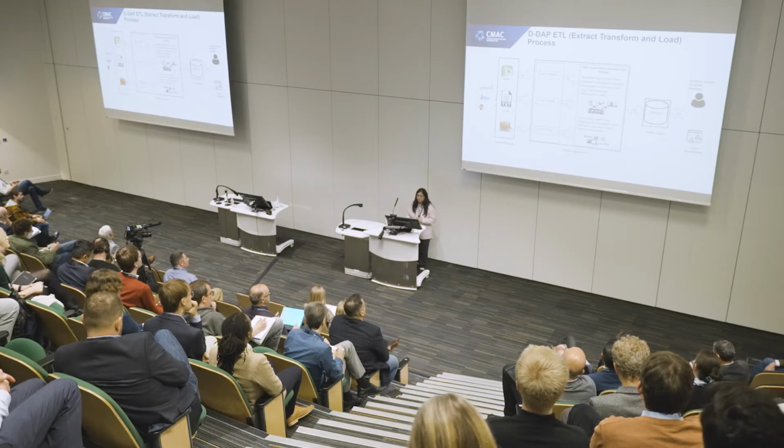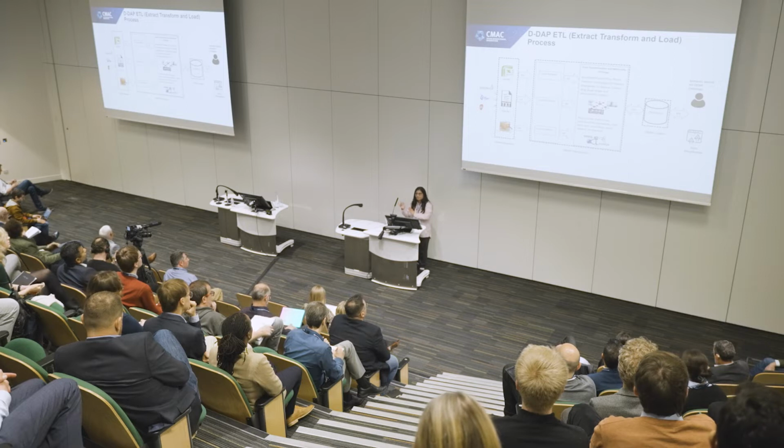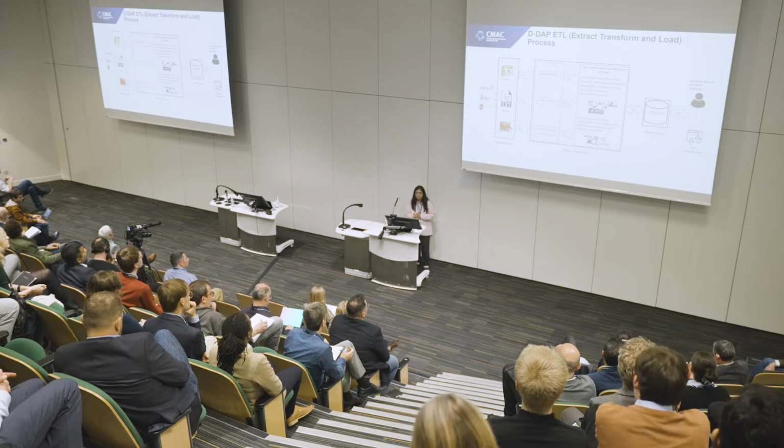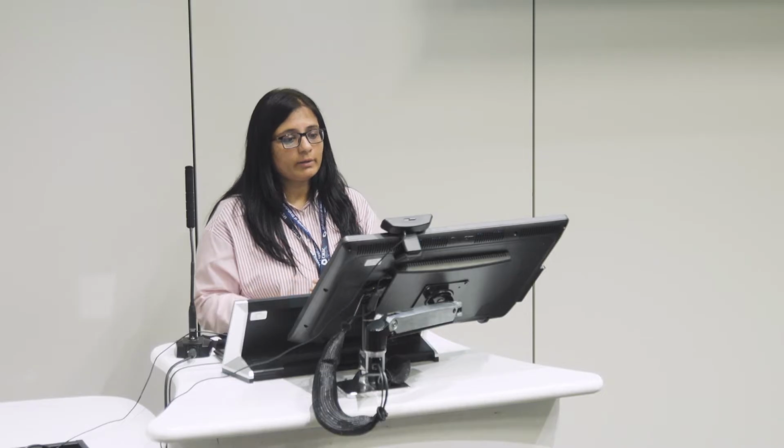After D-DAP extraction, we have to deal with different challenges. Data is not in the right format for the database, so we have to transform it. We have to do different types of transformations, and for that we are developing ontologies for data transformation and metadata. Once the transformation is done, we can move the data to the database, and it will be saved there.